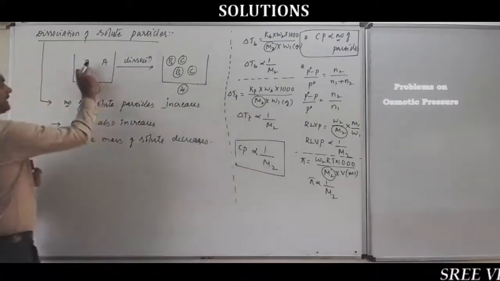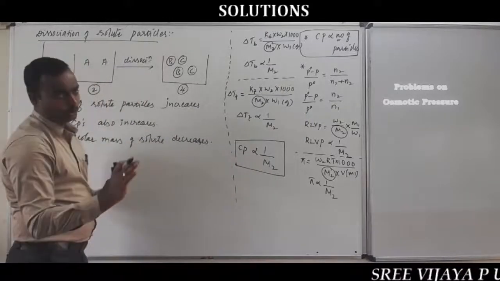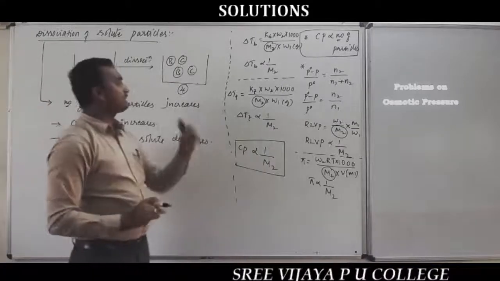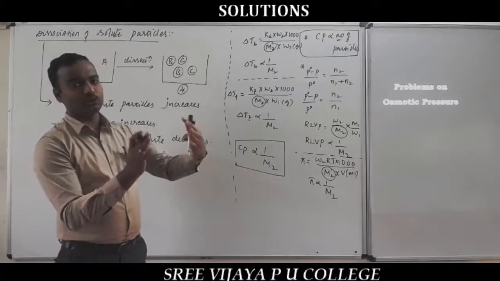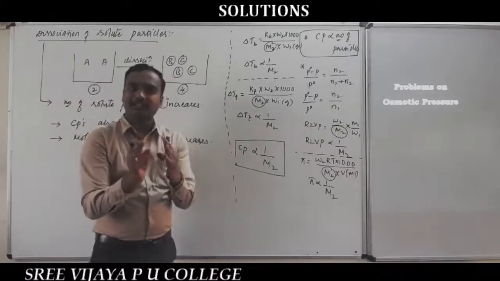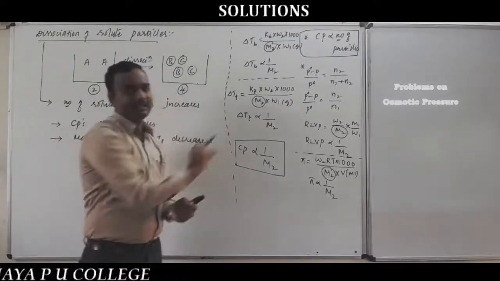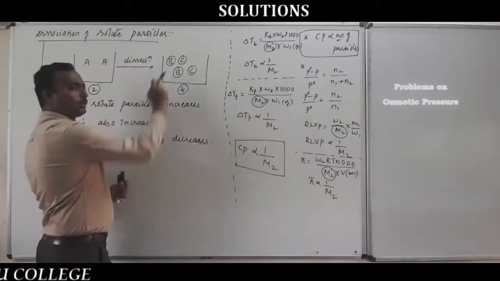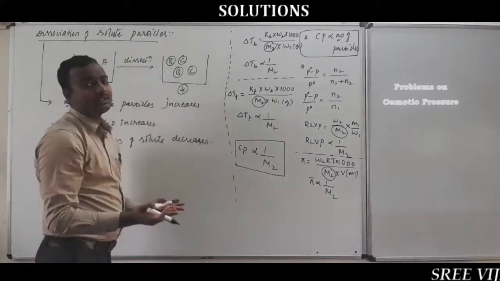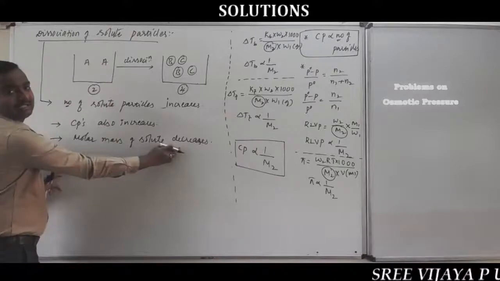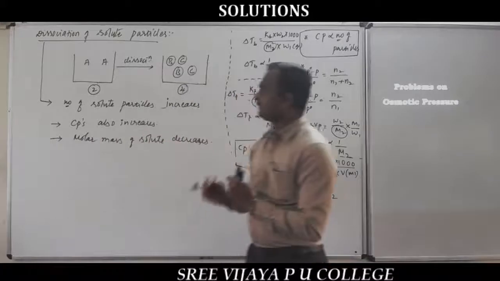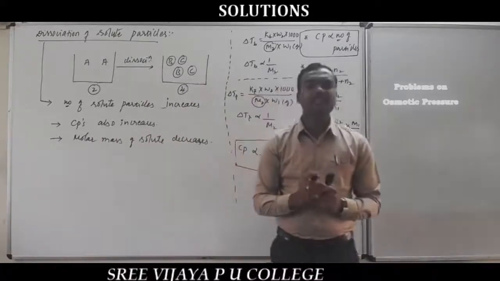Let me take A as the solute particle before dissociation, with a molar mass of 30. After dissociation, it splits into two particles, B and C. Assuming 100% dissociation, the molar mass of B and C must be less than A. Let me take B as 20 gram per mole and C as 10 gram per mole. So the molar mass of each particle decreases, and the colligative properties increase because the number of particles increases. So that is the concept of dissociation of solute particles.